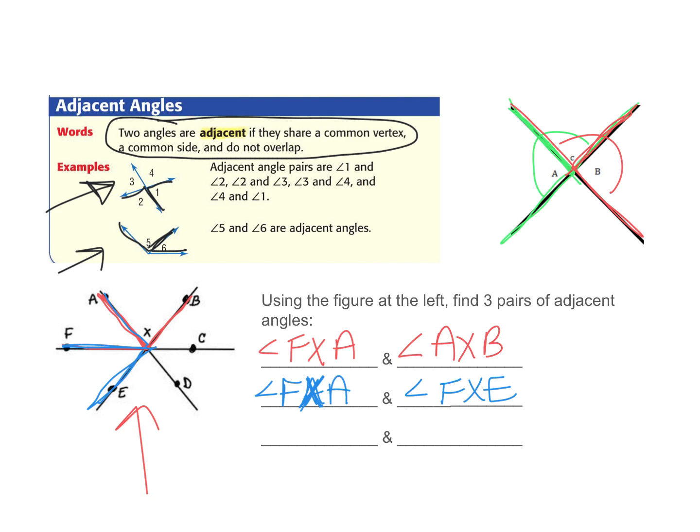And then if we go over here, there's a lot more, but just for one more example, I could do angle CXD is adjacent to this one right here, which would be angle BXC. Again, notice that X is in the middle of all of them because that's the vertex of all of the angles.